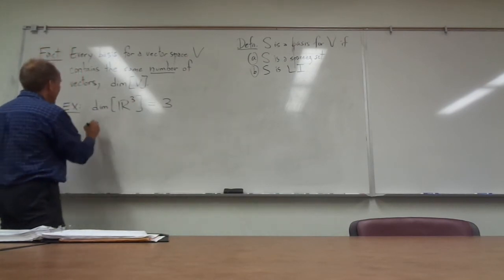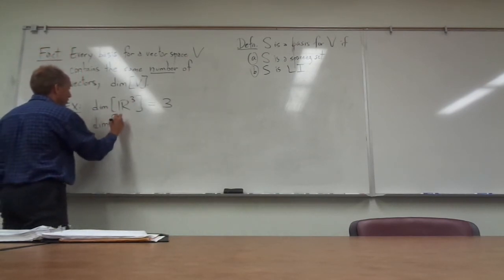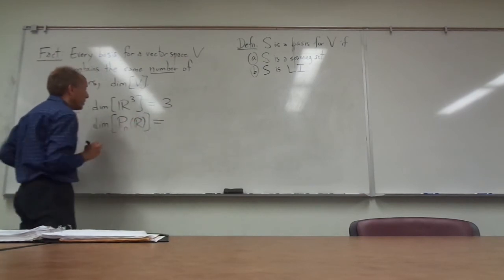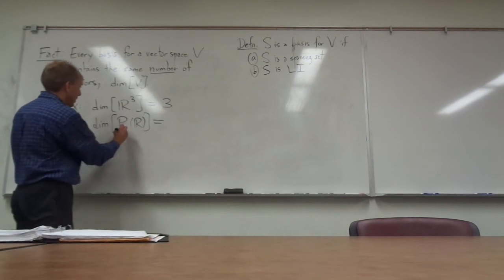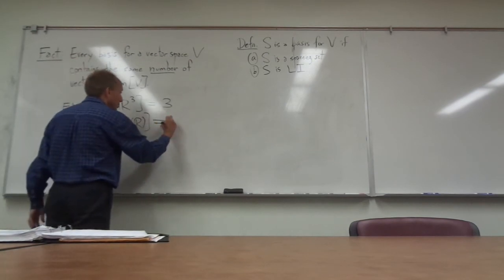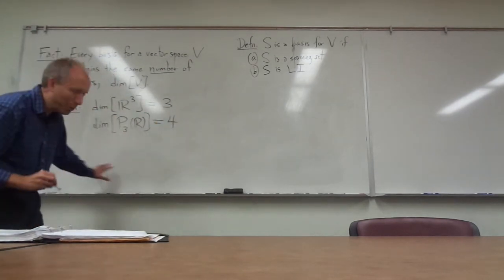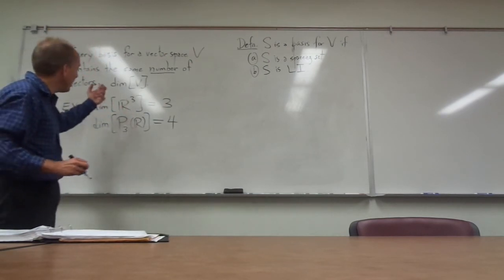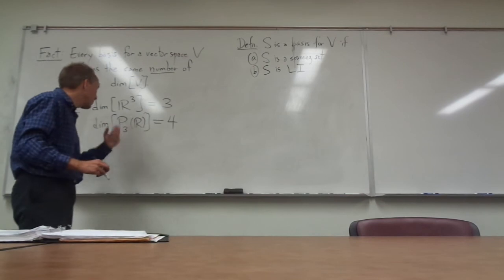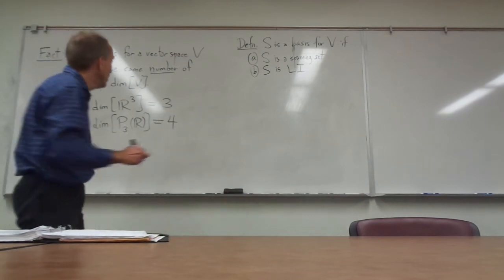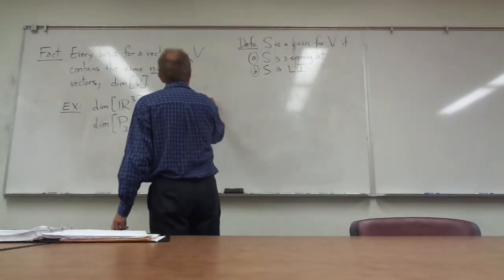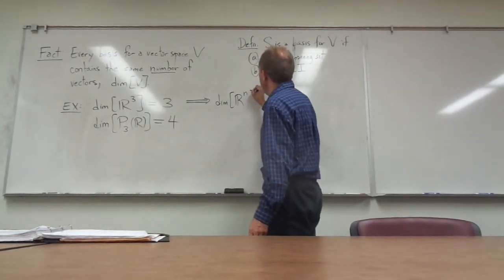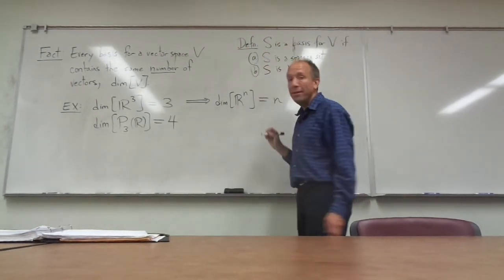And the dimension of Pn of R, well, let's start with P3 of R, this was 4. If you go back to those examples that I just erased, every basis for R3 has 3 vectors. Every basis for P3 of R has 4 vectors. And in general, the dimension of Rn will always be n.